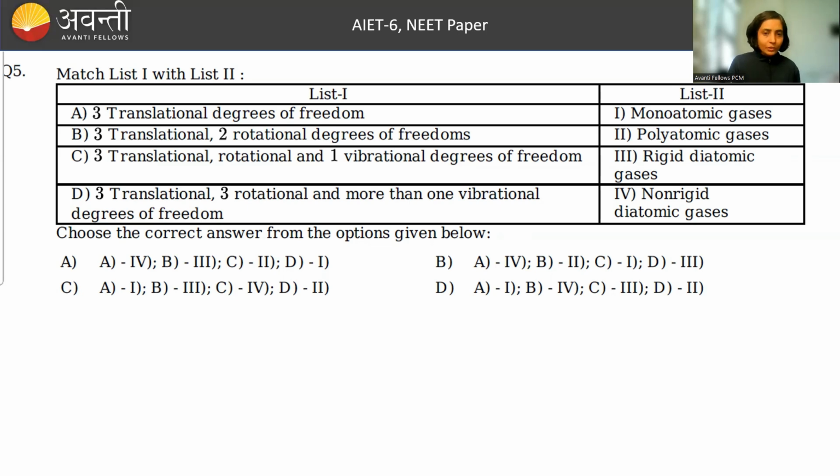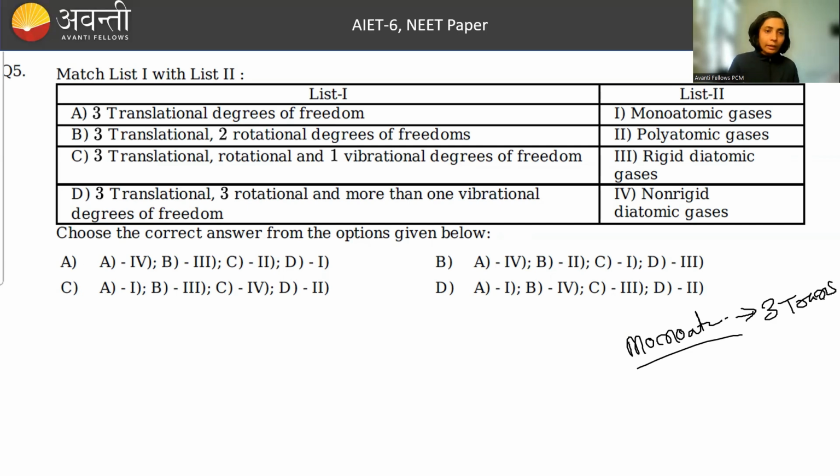We have studied that if a gas is monoatomic, no matter what the temperature is, it will have 3 degrees of freedom, and that is translation. Because it is a single atom, it can only translate, it can't rotate. So it has only translational degrees of freedom.